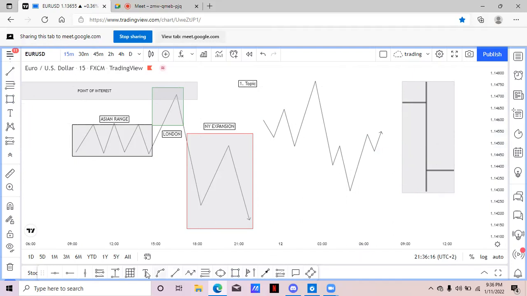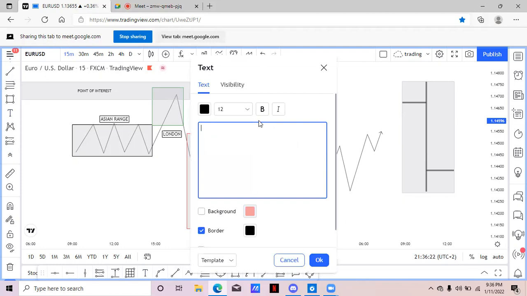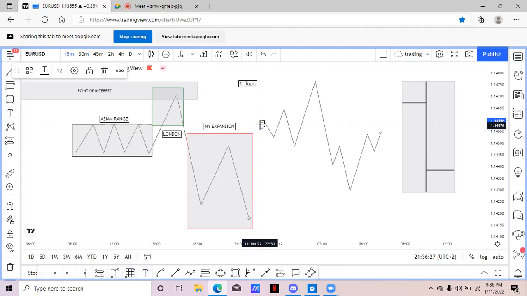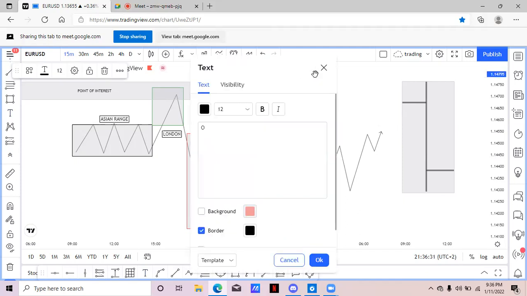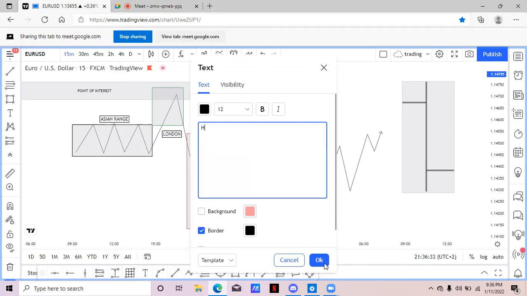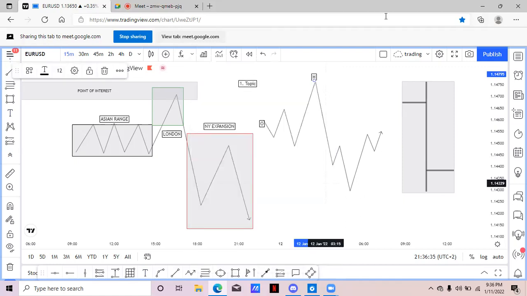Okay, so let me write these things down. The open. Or I could say it's a high of the day, which is the London manipulation on this schematic.